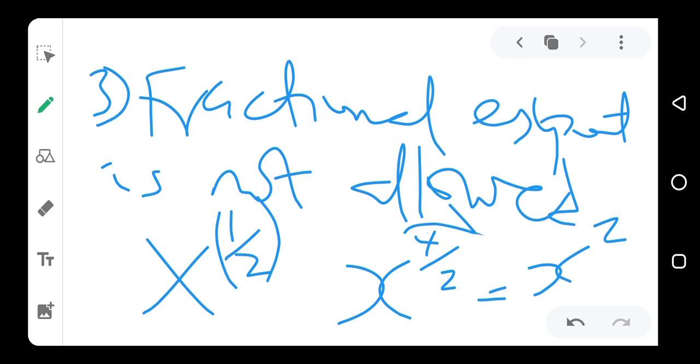But when we have something like an improper fraction or mixed fraction, it is not allowed as a power in a polynomial.